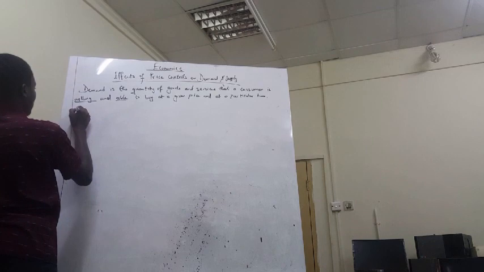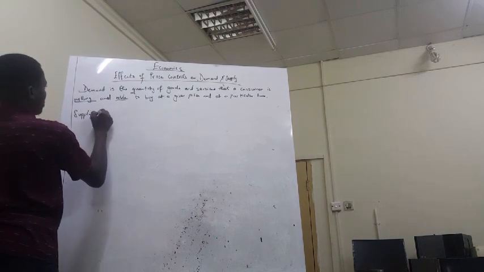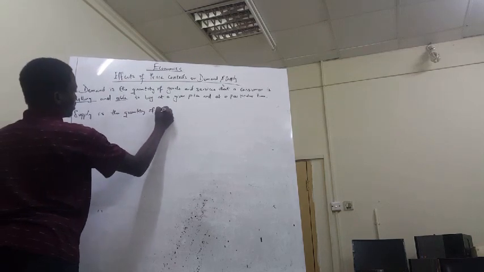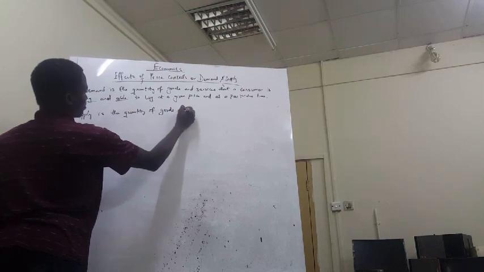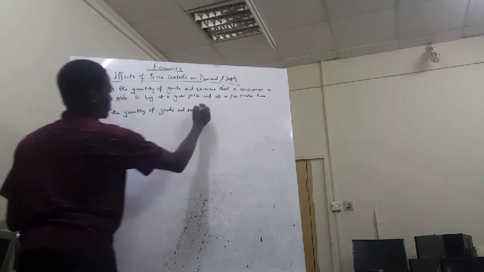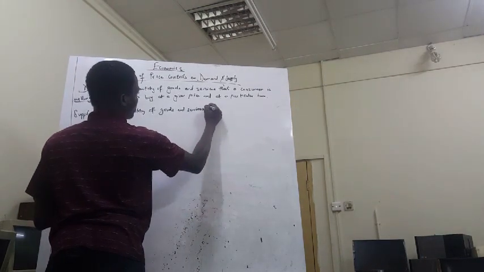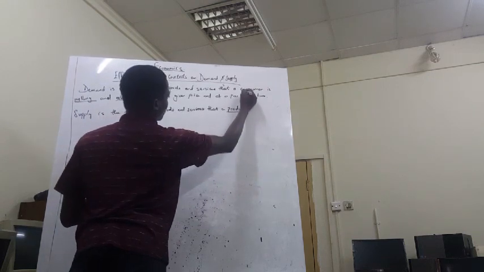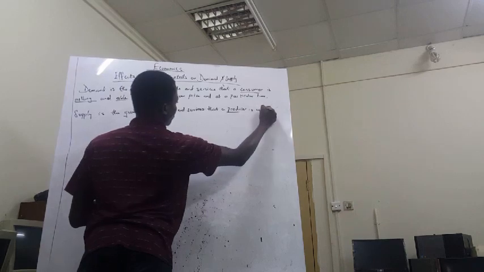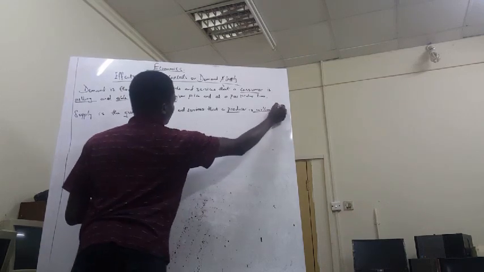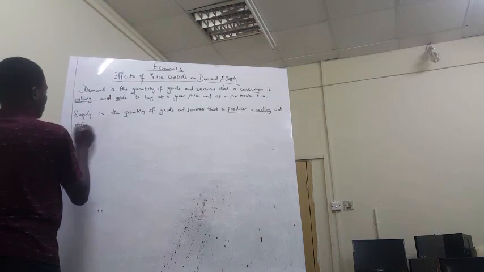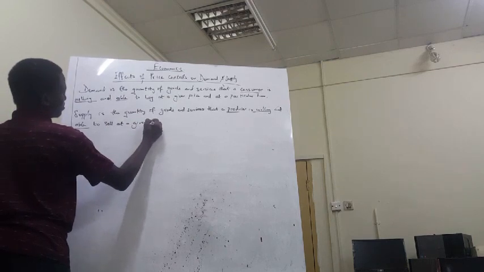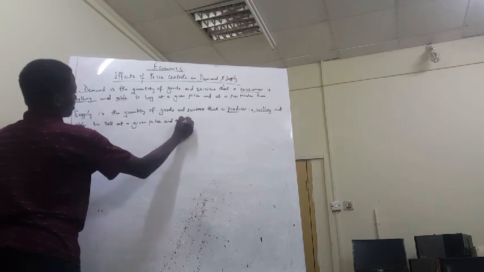Supply, on the other hand, is the quantity of goods and services that the producer is willing and able to sell at a given price and at a particular time.